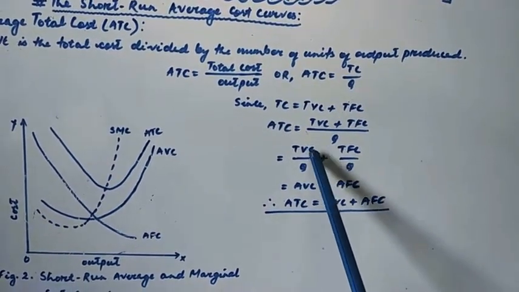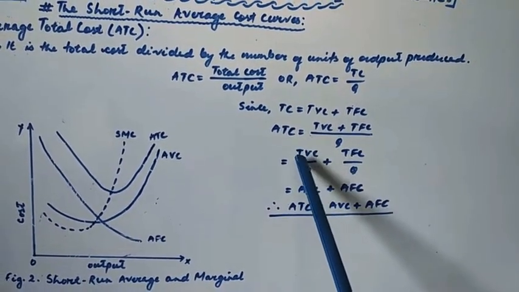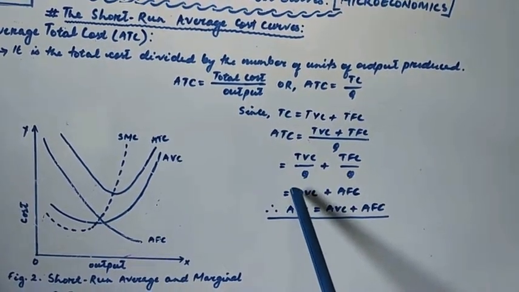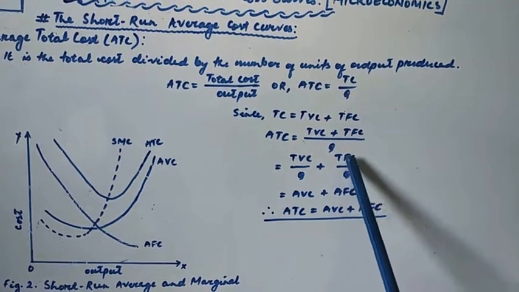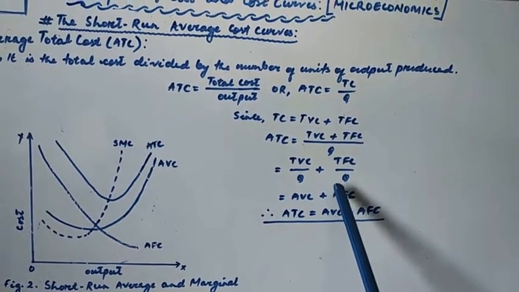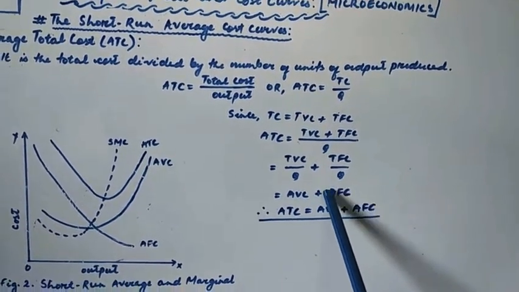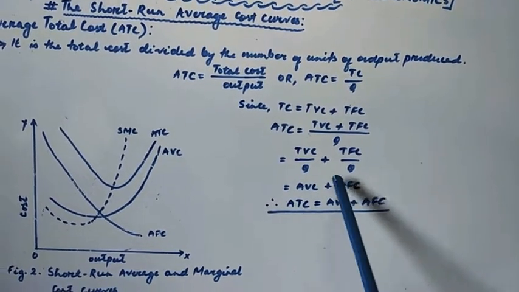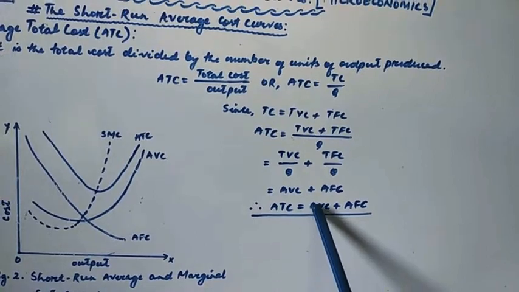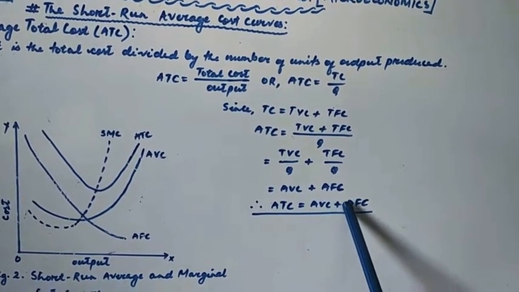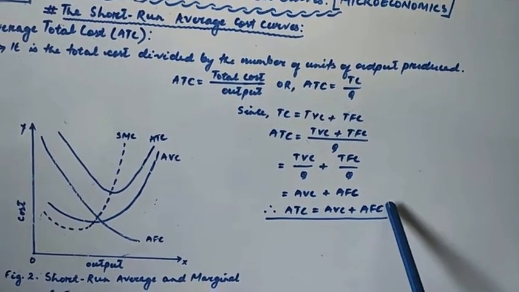What we have is total variable cost divided by Q, which is average variable cost. And total fixed cost divided by Q, or output, is average fixed cost. And so average total cost is equal to average variable cost plus average fixed cost.